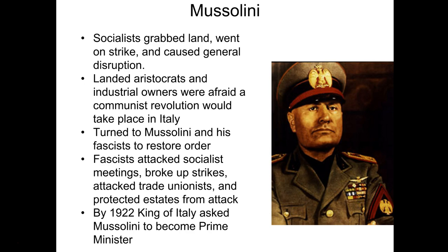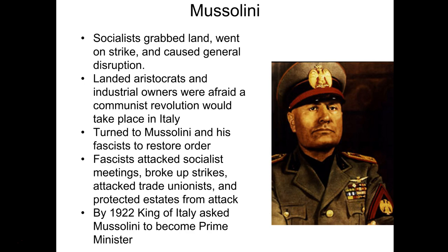They attack the meetings of socialist political gatherings. They break up strikes by showing up and beating people, killing people. And they attack trade unions. And then they also run armed patrols around these wealthy landowners' estates to prevent them from being attacked by the socialists.